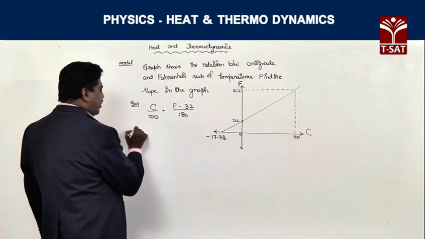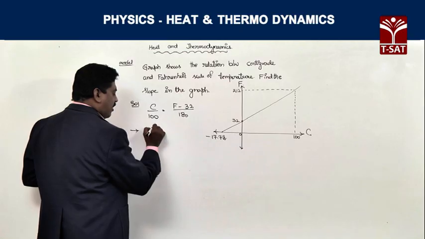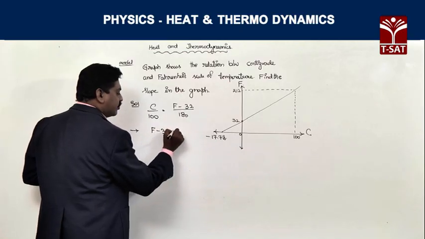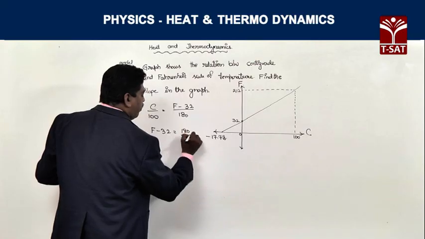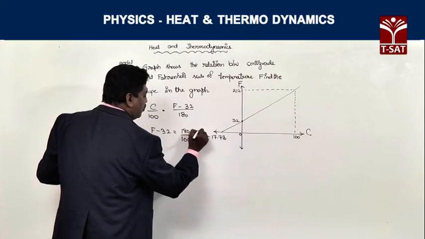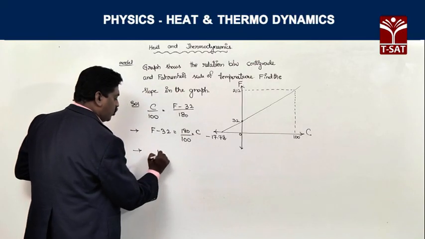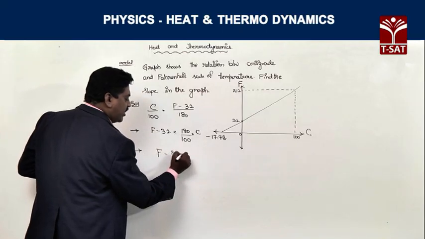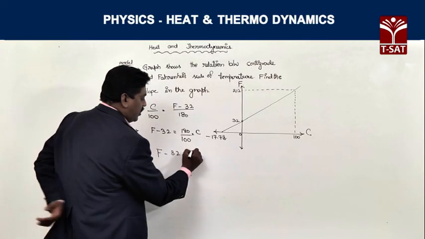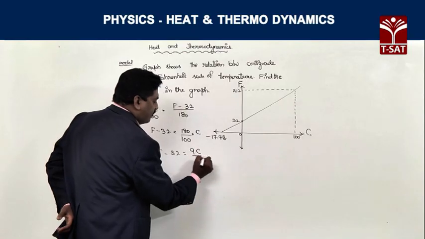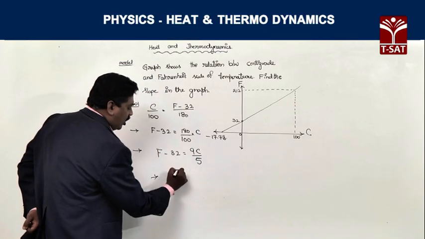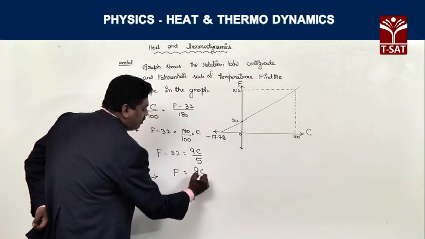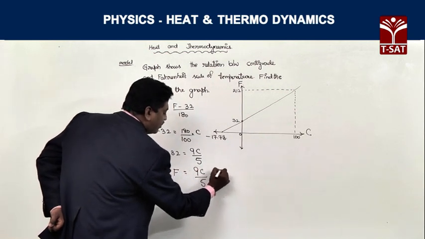From this we can write F minus 32 equals 180 by 100 into C. This we can write as F minus 32 equals 9C by 5, and so F equals 9C by 5 plus 32.